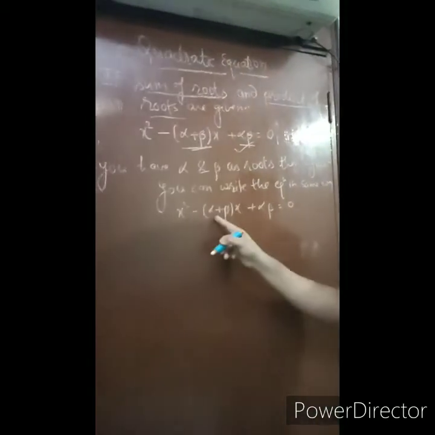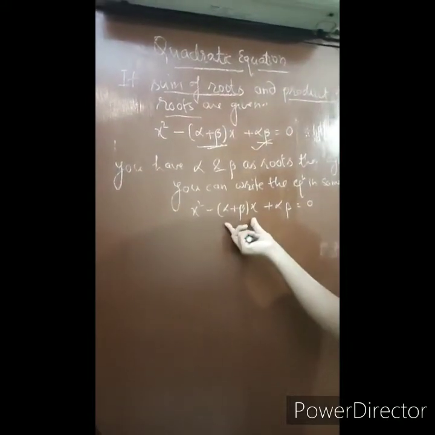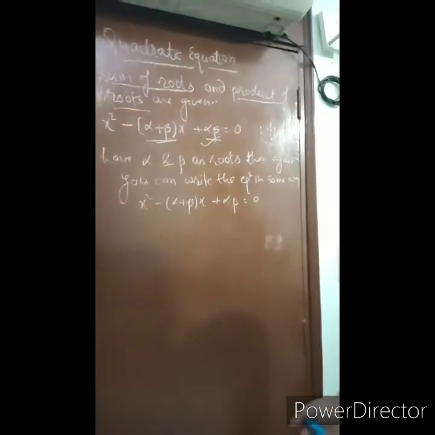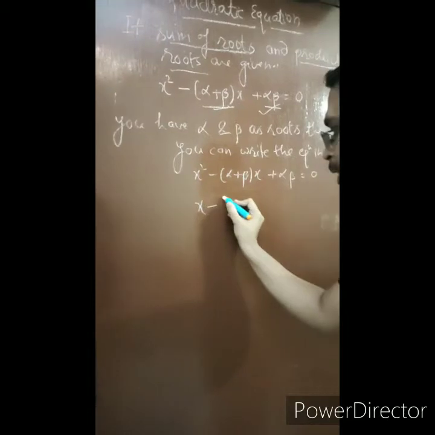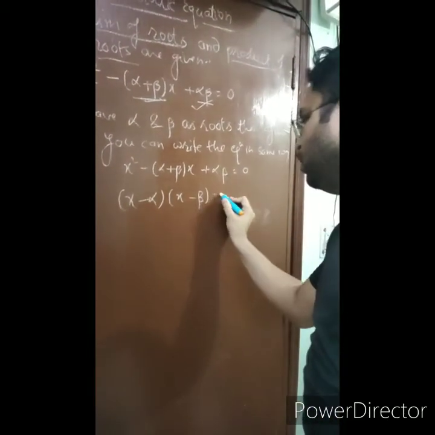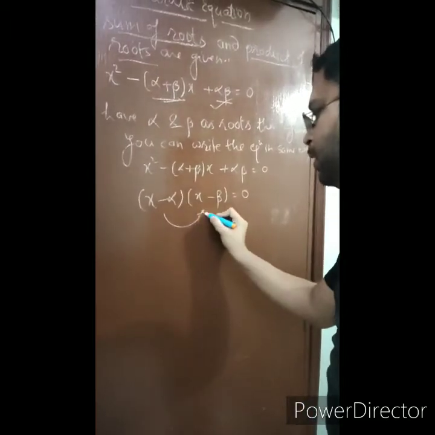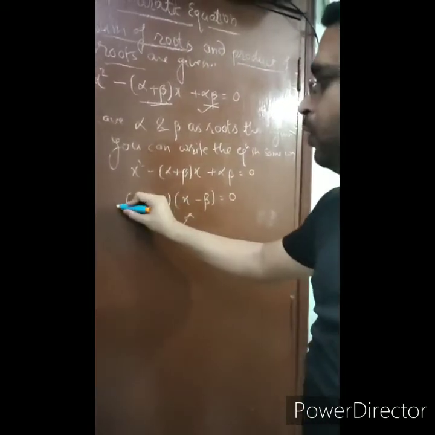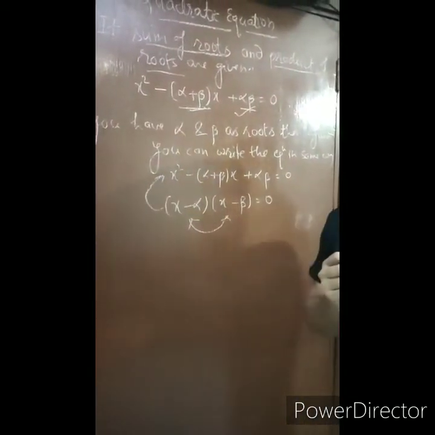Put the values of alpha and beta in the suitable place and get the equation. In other way, you can also write x minus alpha into x minus beta equals to 0 and multiply both these terms, you will get the same answer.